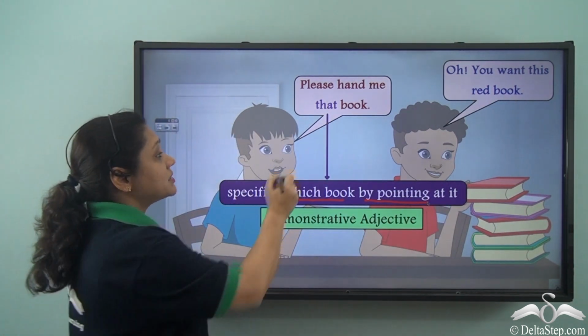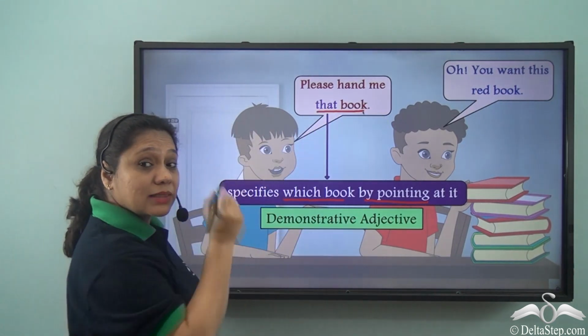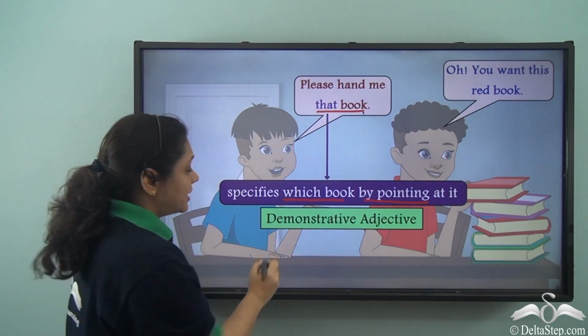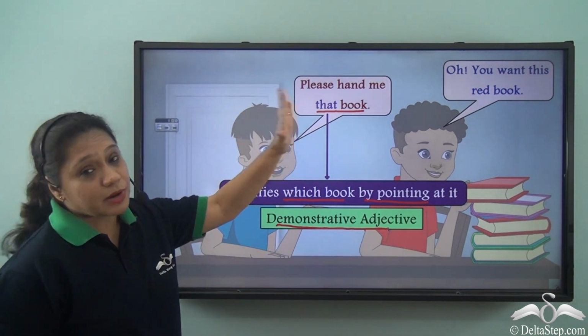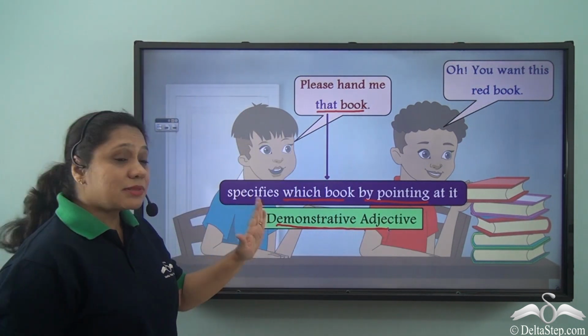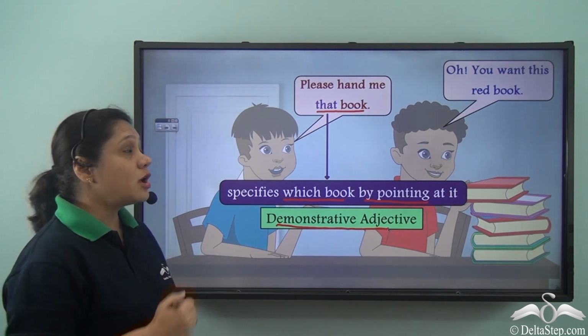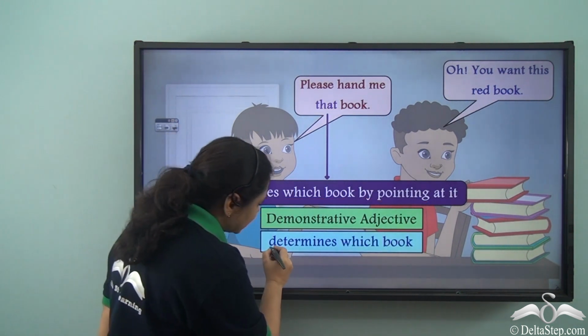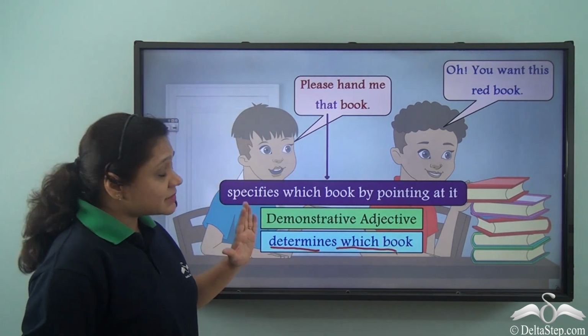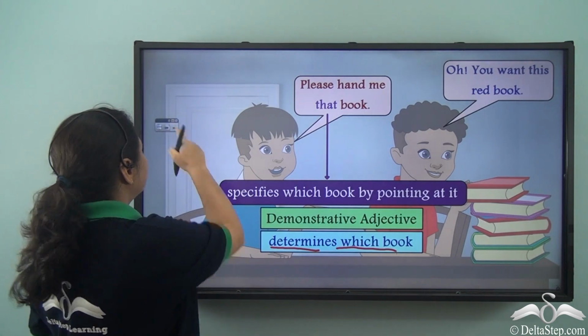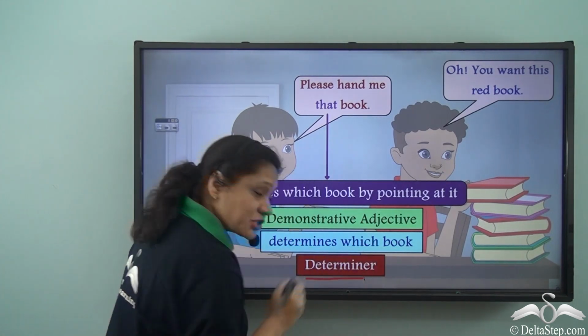Now we have learned that book, that is a demonstrative adjective. It is pointing at a particular book. So this demonstrative adjective determines which particular book. Hence, this demonstrative adjective is a determiner.